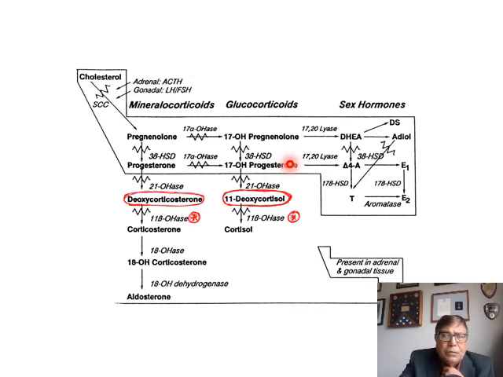So if it is CAH of 21 hydroxylase deficiency, then you will see this is normal or slightly normal. Only this will be elevated. And so hypertension is most likely caused by the weak mineralocorticoid activities of this hormone, DOC.